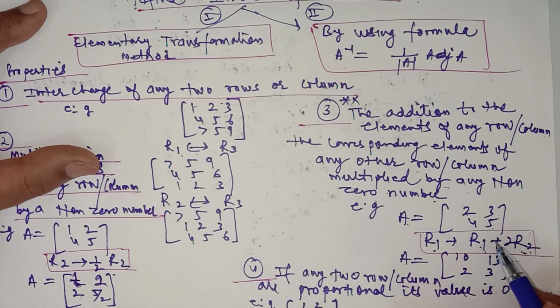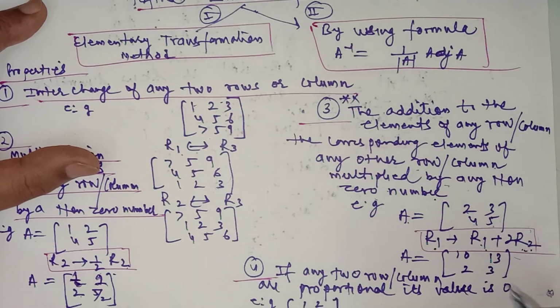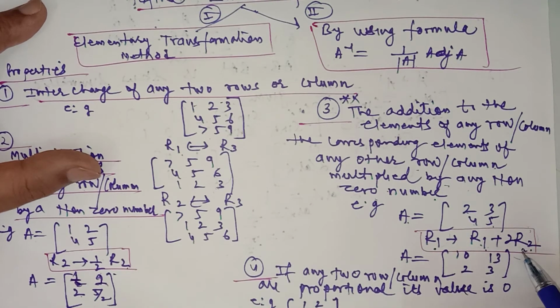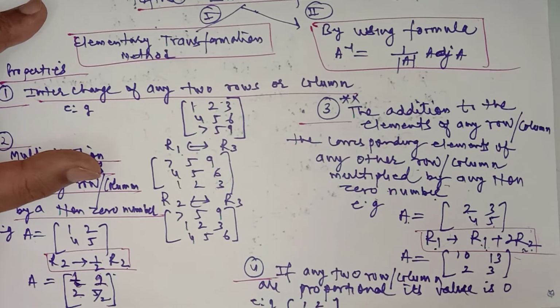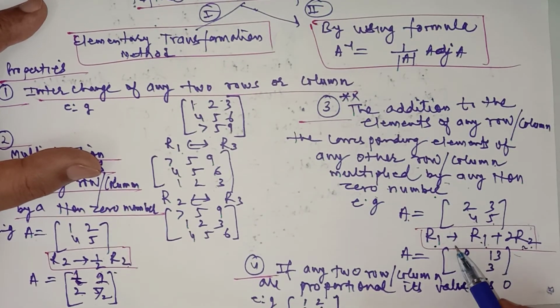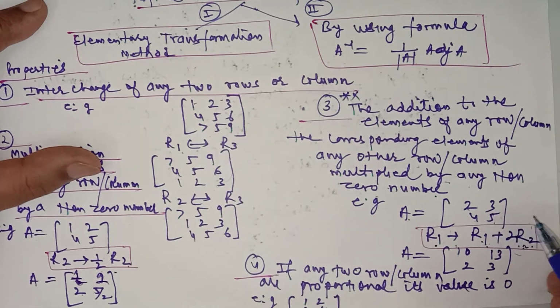This is a very important property and we have to use it in almost every step. To any row or column, a scalar multiple of any other row or column can be added or subtracted. In this example, I multiply the second row by 2 and add it to row 1. So multiplying by 2 gives 8 and 10. If I add 2 to 8, it becomes 10.